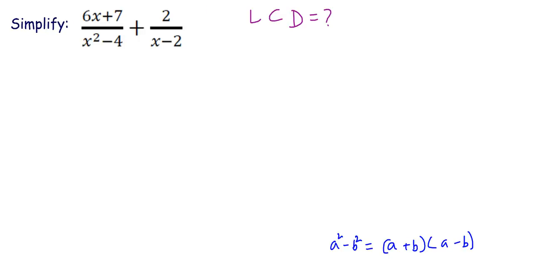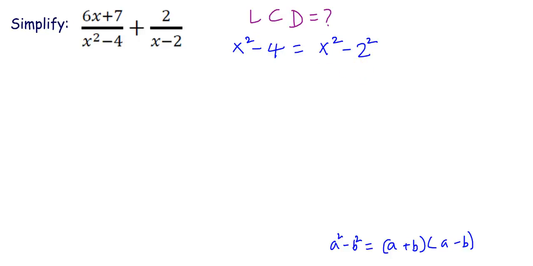Okay. So I have here x square minus 4, the first denominator. So x square minus 4, I can write it as x square minus 2 square, because 2 times 2 is 4.